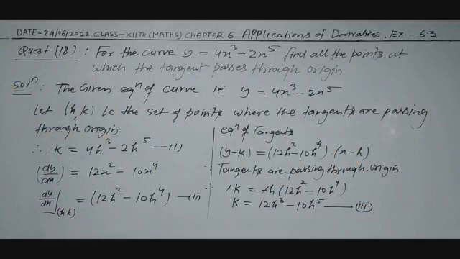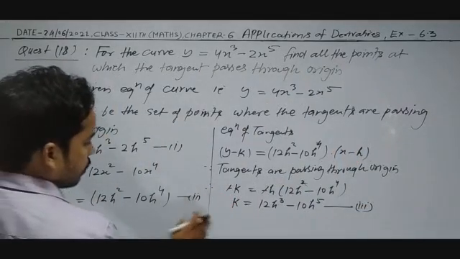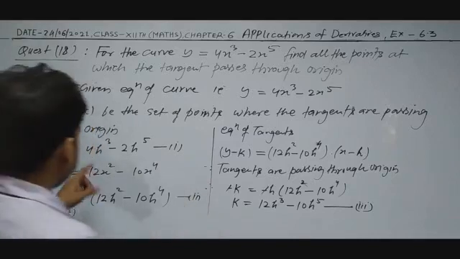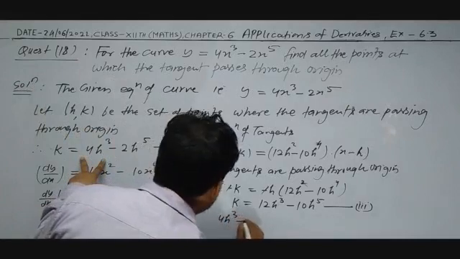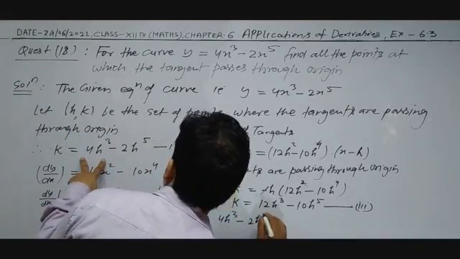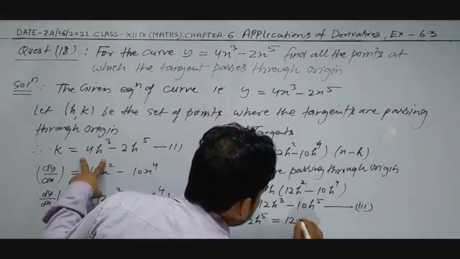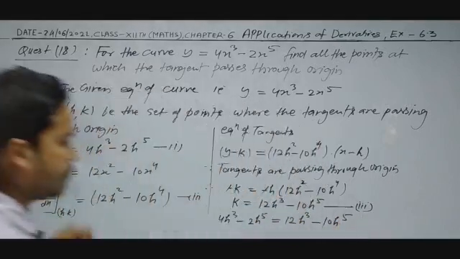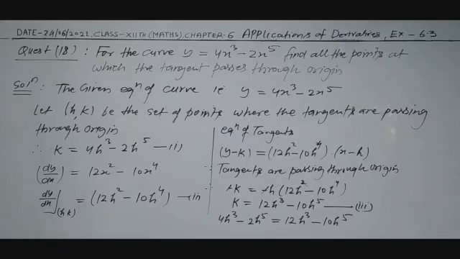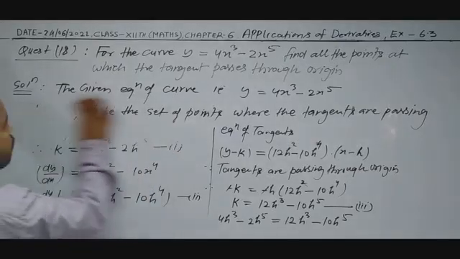From equation 3 and equation 1 you can equate. So 4h cube minus 2h to the power 5 is equal to 12h cube minus 10h to the power 5.